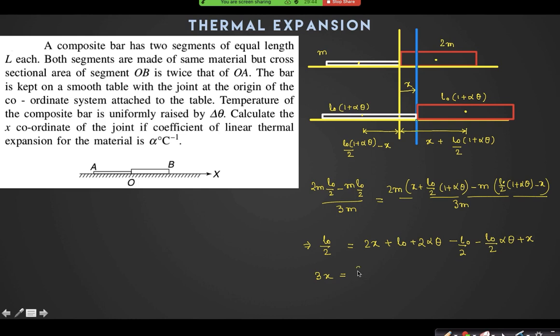That means 1 minus 1 by 2... is it correct? It's 1 by 2 L naught alpha theta, with a minus sign. Yes or no? Yes. So I think the answer for x will be minus L naught alpha theta by 2. Have you all got the correct answer?